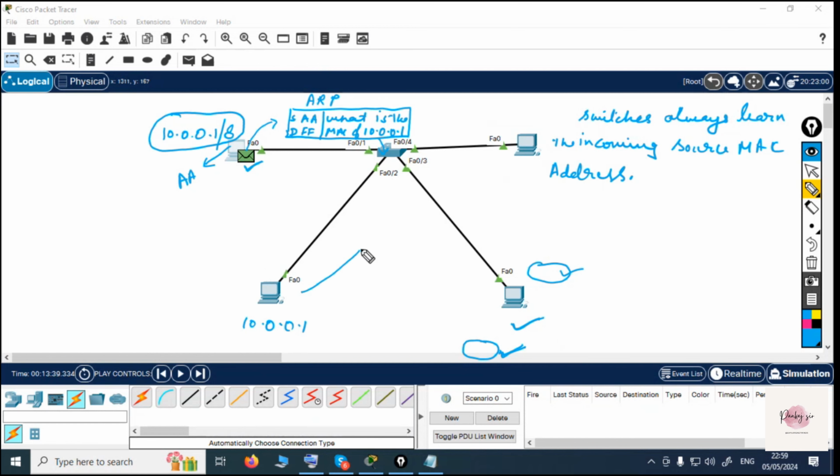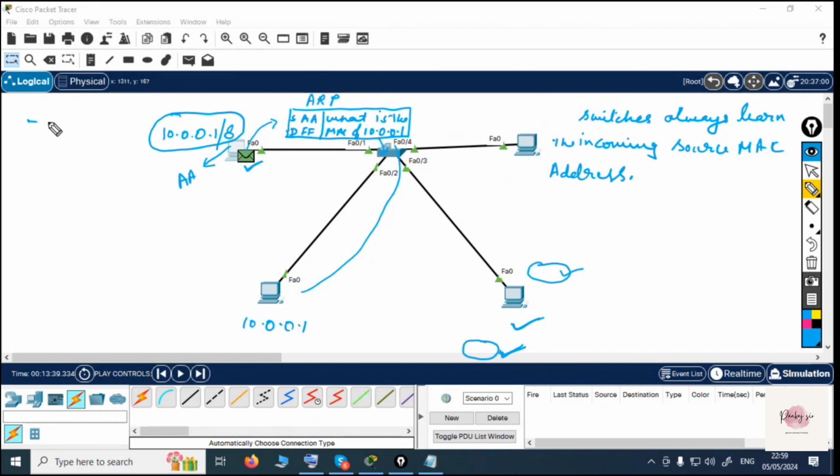If it gets a reply from any PC in this network, it will just ignore this IP address, saying that somewhere this IP address has already been configured, so I will not accept it because conflict will occur later. In one colony, we cannot have two houses with the same address.